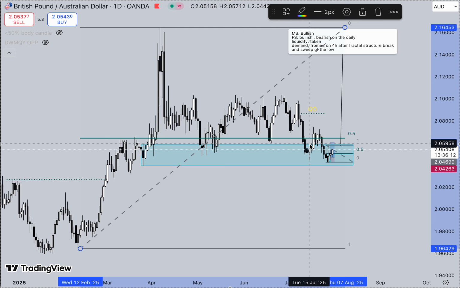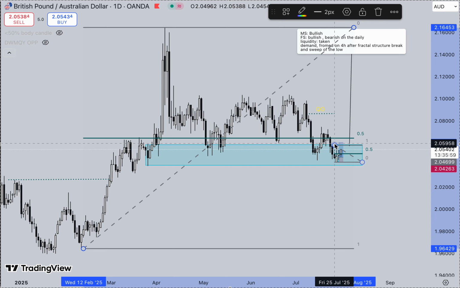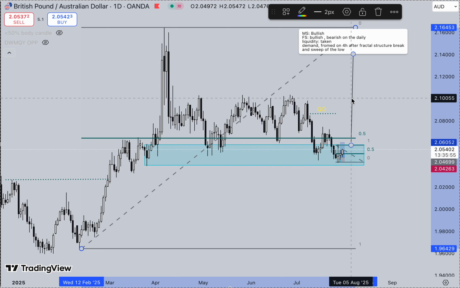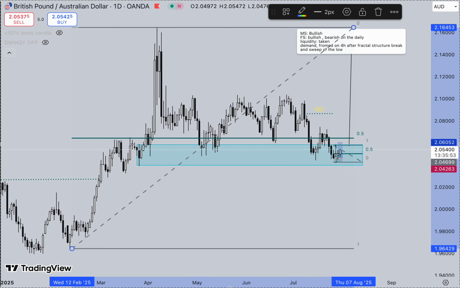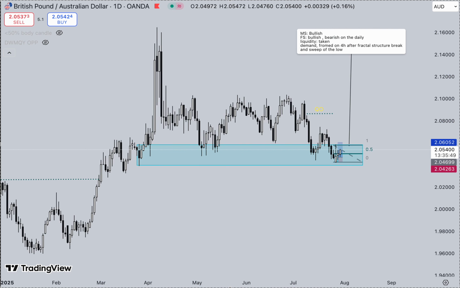So Aussie came into the discounted price, and you can see here, what do we have? Liquidity. All of this got swiped, and so now we expect the move upward.